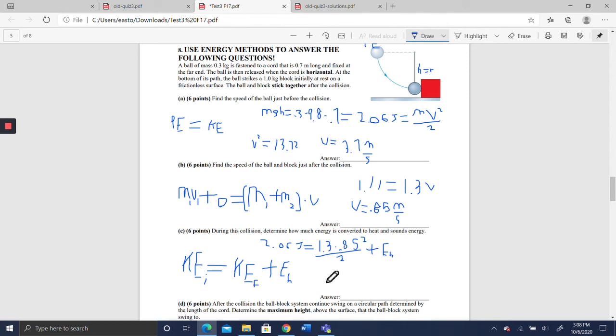This should get us our answer of 0.47 plus EH. We subtract the 0.47 over, and we're going to get 1.59 equals EH.